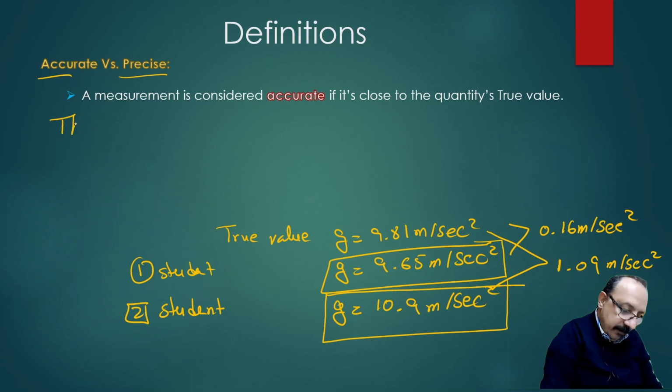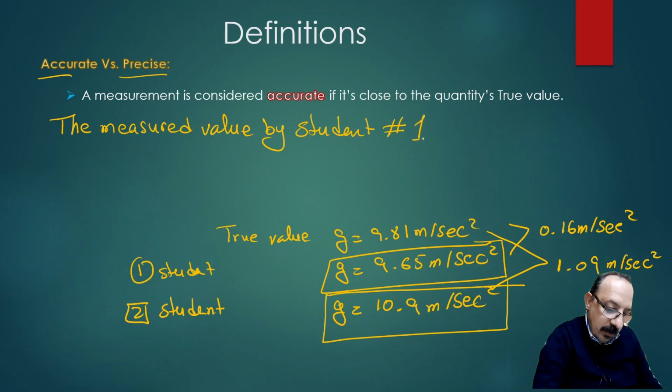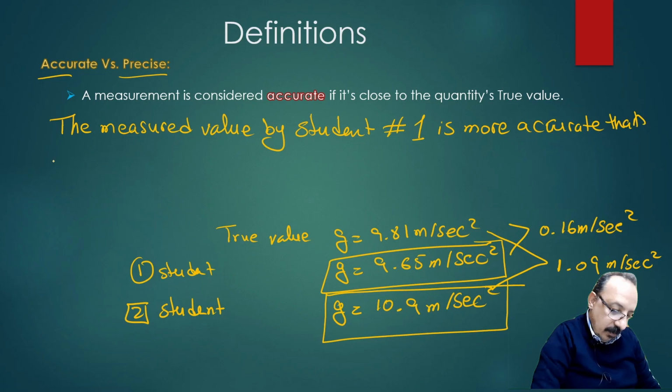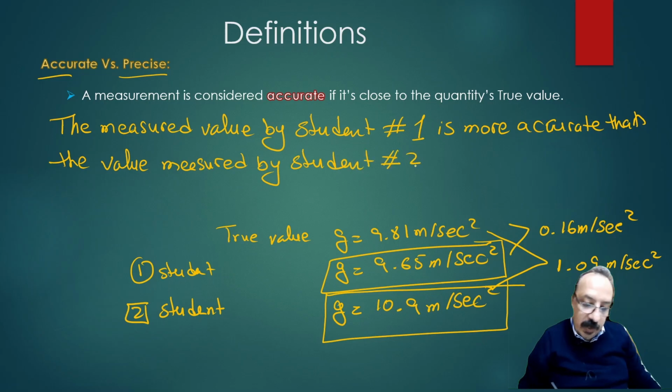So the value measured by student number one is more accurate than the value measured by student number two. Why is it more accurate?